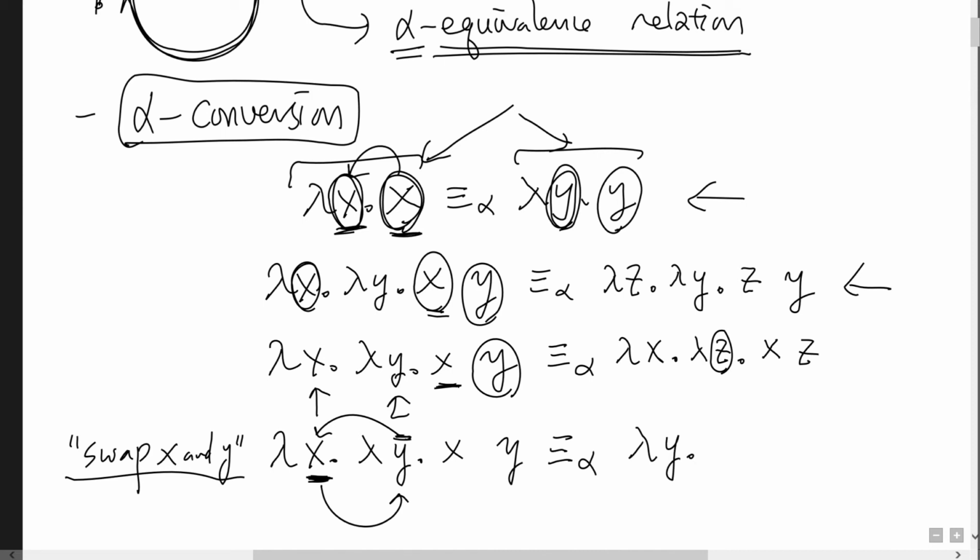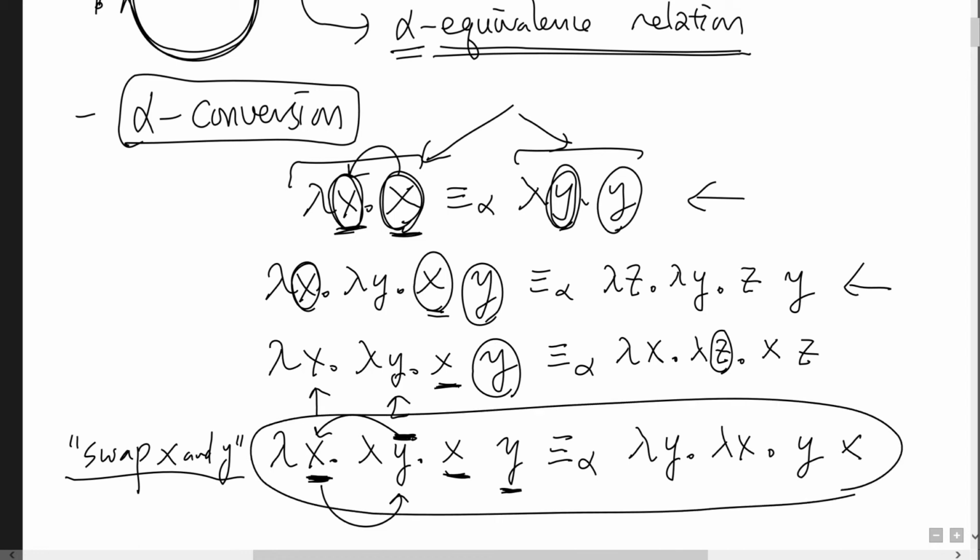And this one is renamed to x, lambda x. And x has been renamed to y, and y has been renamed to x. This case is interesting because we do not introduce any new variables, unlike these two cases where you introduce a new variable z. But in this case, we do not introduce any new variable. We simply swap the existing two variables, x and y.